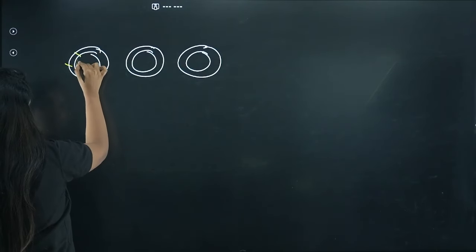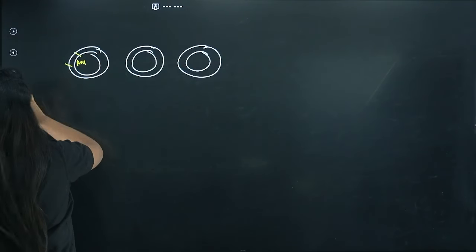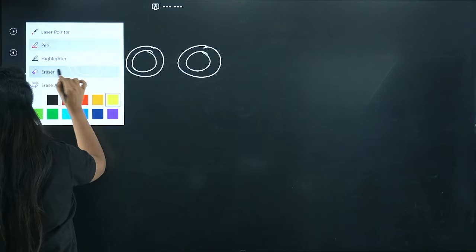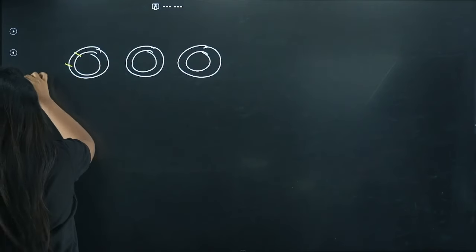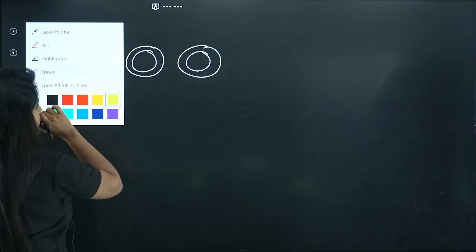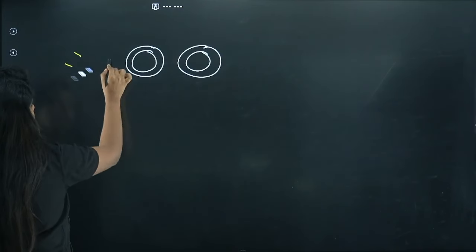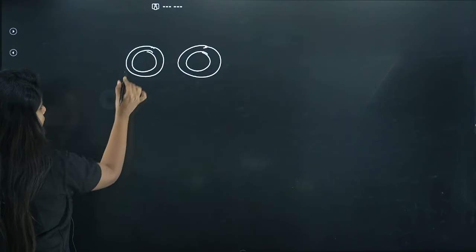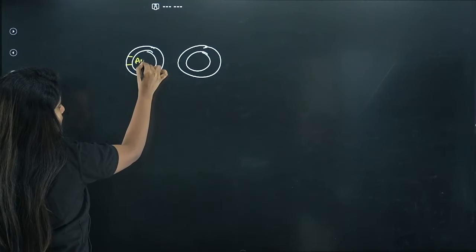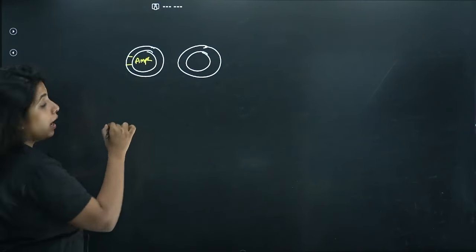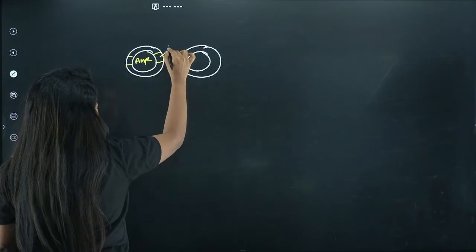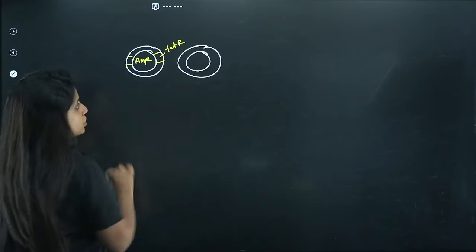This is ampicillin resistant, and over here you have a tetracycline resistant gene.